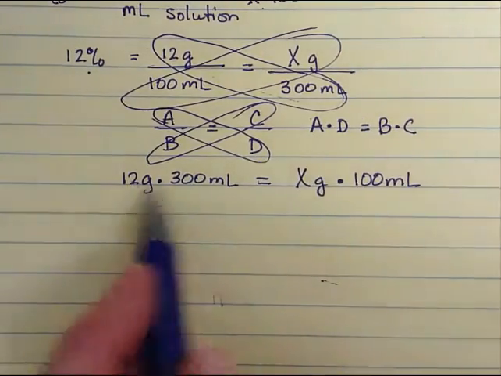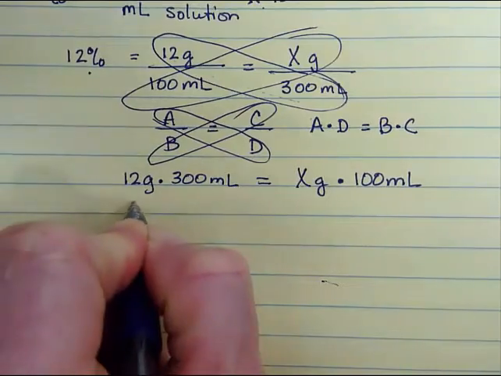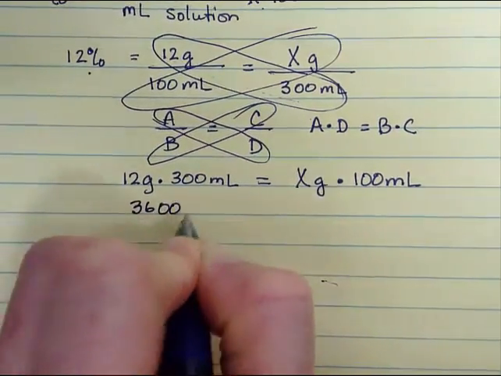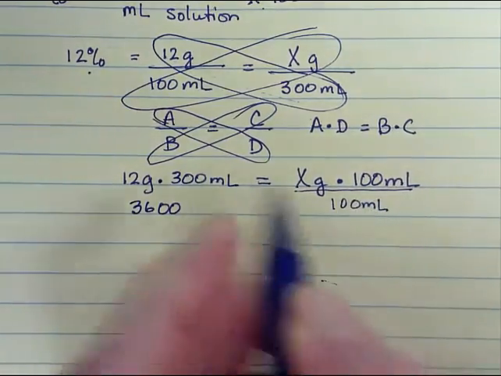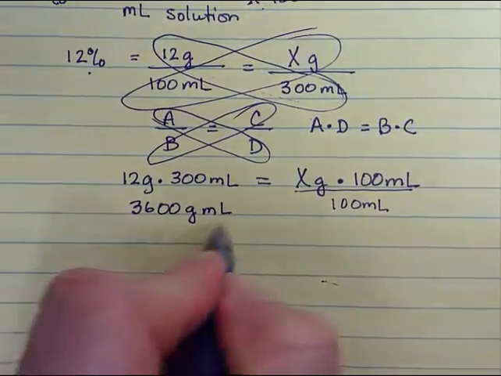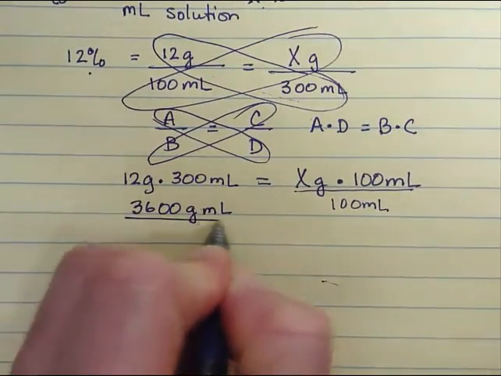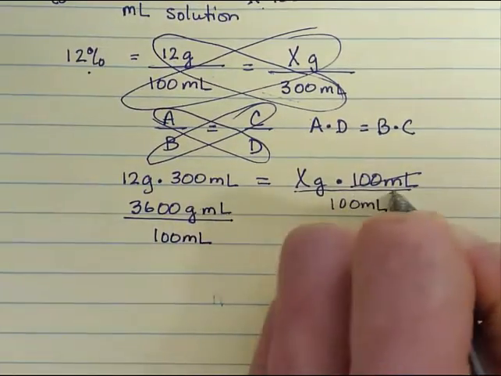So if we go ahead and do that, we say 12 times 300. So this would be 3,600. We're going to divide both sides by 100 mils. So right now we've got grams and mils up on the top. If we divide this side by 100 mils as well, that will cancel this guy out.